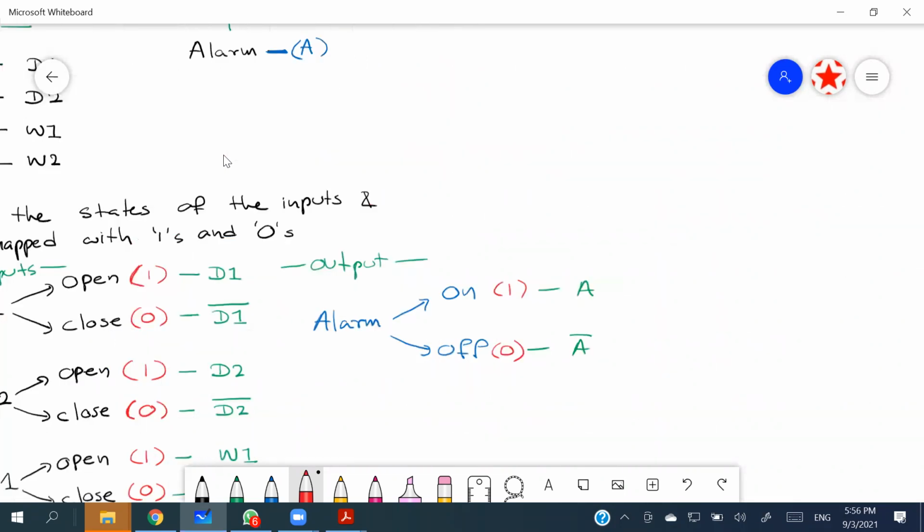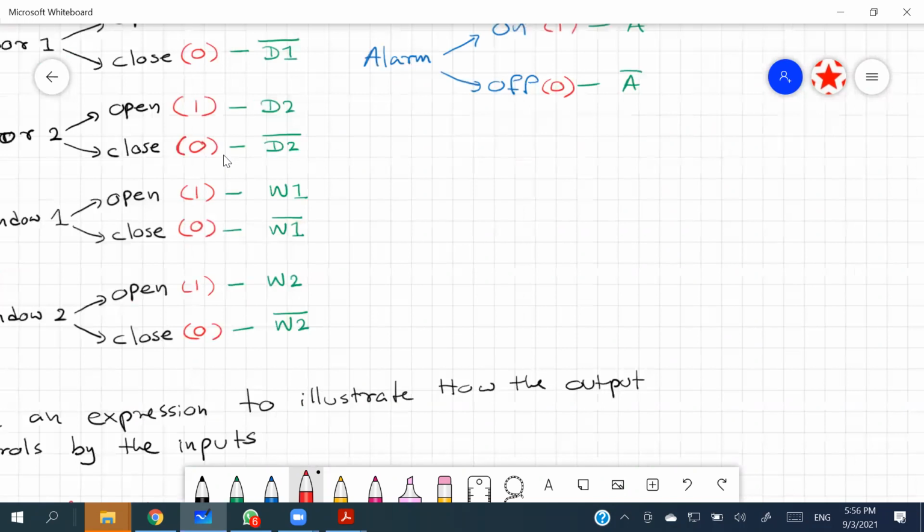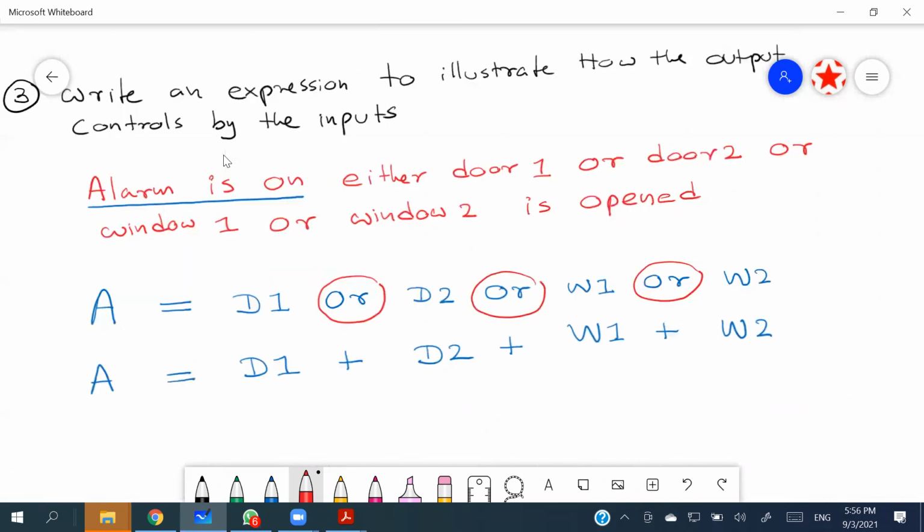So the off state is indicated by A bar, and the on state is indicated by A. So because of that, we have taken A equals, so alarm is on. So the output is the alarm. We generally write our output on the left-hand side of our equation. So A equals, now we are going to write how the variables or the inputs are going to control this particular alarm, right?